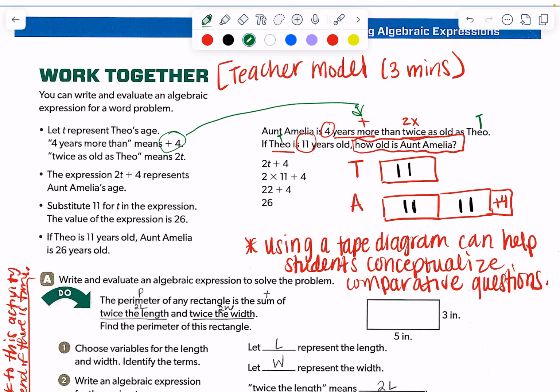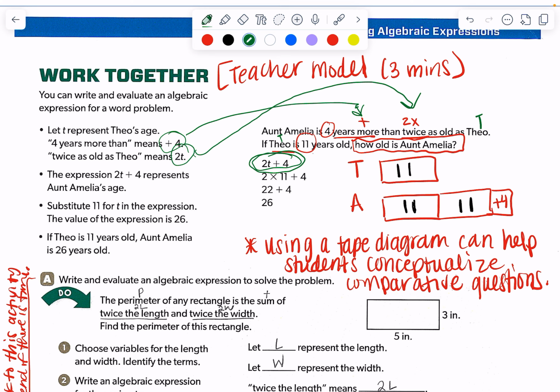And then twice as old means 2 times T. Let the expression 2T plus 4 represent Aunt Amelia's age. Okay, so we're using this expression, 2T plus 4, to represent Aunt Amelia's age.